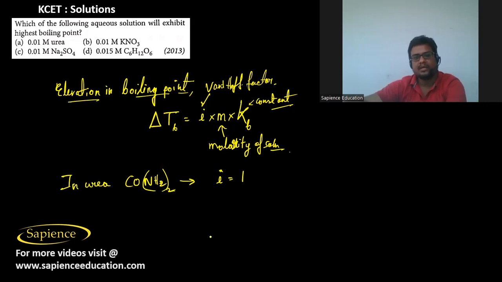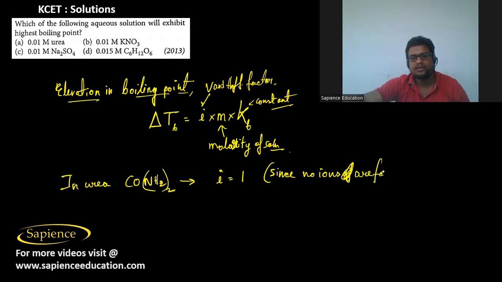If no ions are formed in the aqueous solution, then the Van 't Hoff factor will be equal to 1.